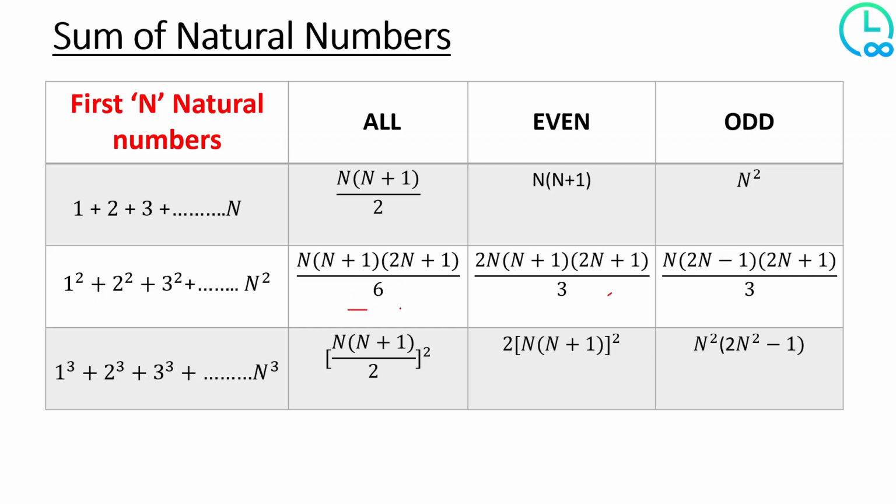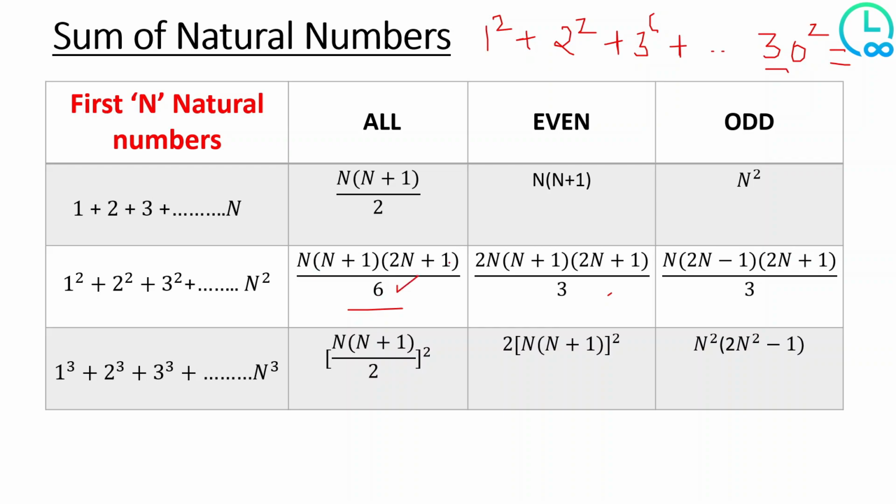This formula is for the sum of the squares of first n natural numbers, like 1 square plus 2 square plus 3 square till, suppose you have to find, 30 square. So here the number of terms is already 30, and you'll just put here 30, n plus 1, 2n plus 1 by 6.